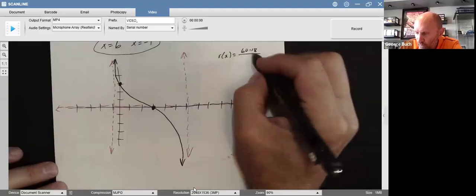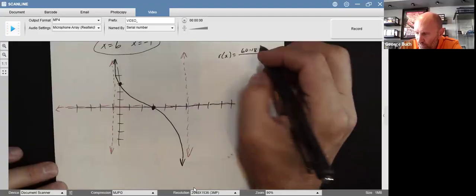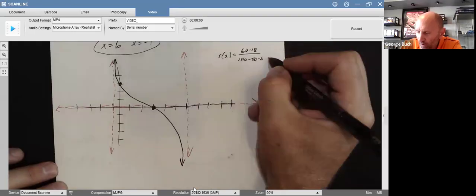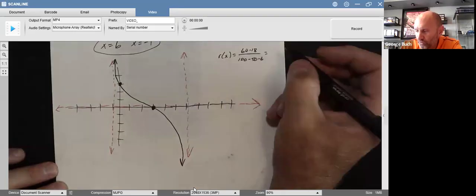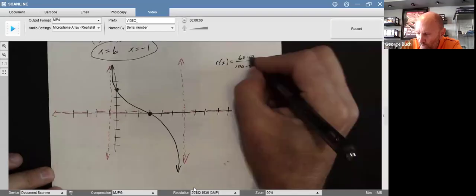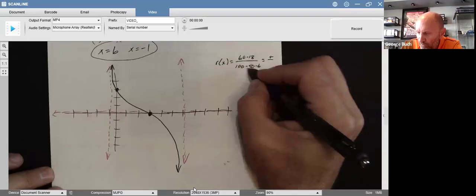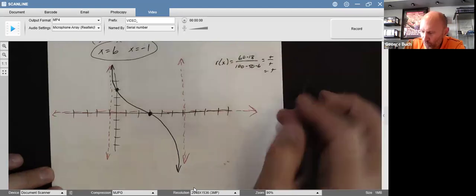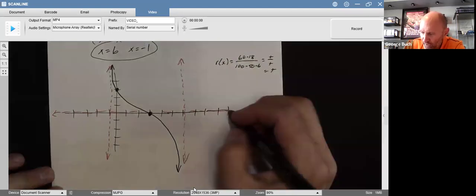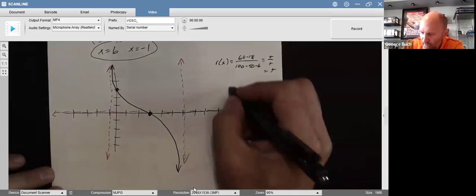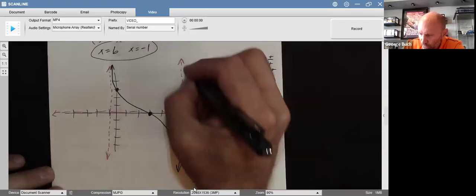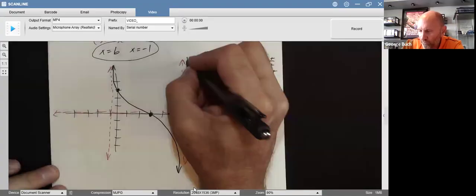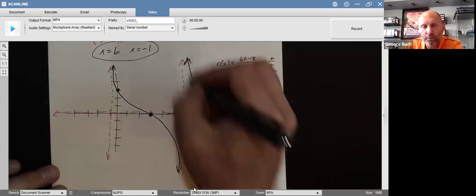And then 10 squared is 100, minus 5 times 10 is 50, minus 6. So I'm not actually going to calculate the values. Instead, I'm looking at what? The numerator is positive. The denominator is positive, meaning I end up with a positive number. So over here, when x is 10, I get a positive number, meaning I'm up here in this part of the graph. So I get this curvy portion here.